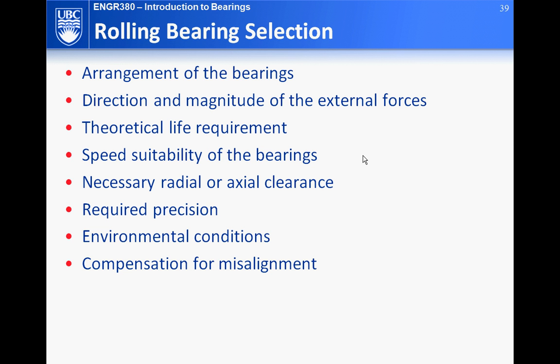Basically, how many cycles do you need? What's the speed? What's the precision? What kind of environment is it working in? Do you need a seal, or what kind of seal? Do you need to compensate for alignment or not? Those are the conditions for selection of a bearing.